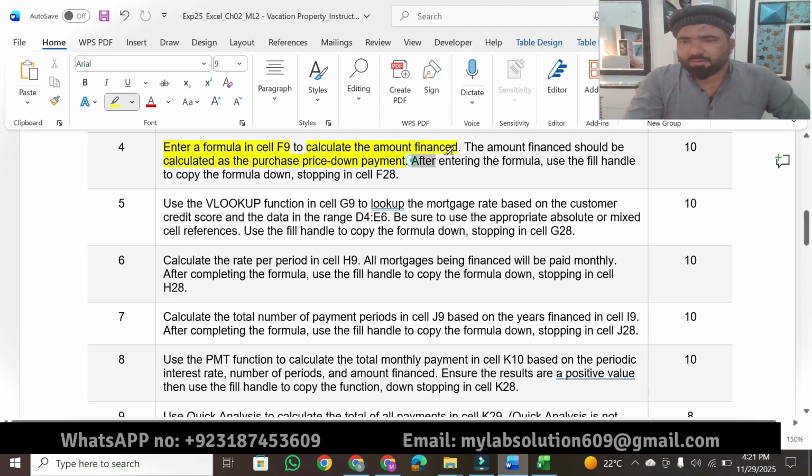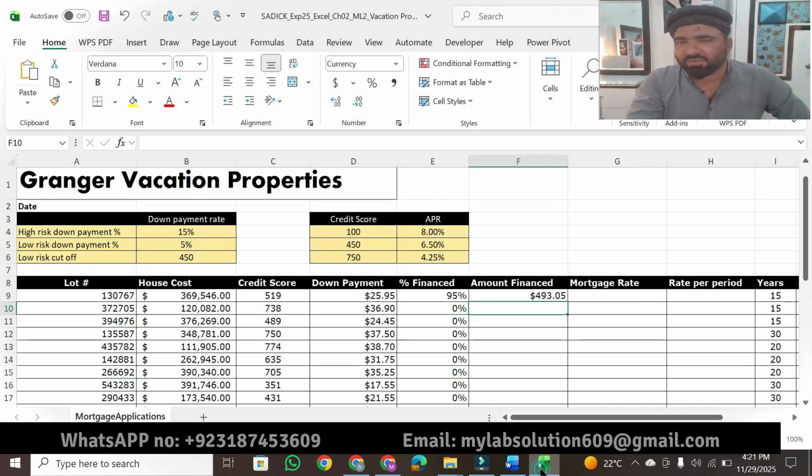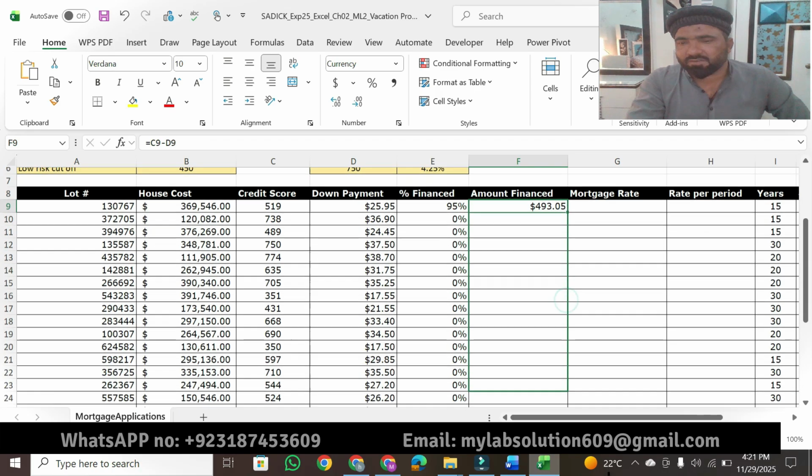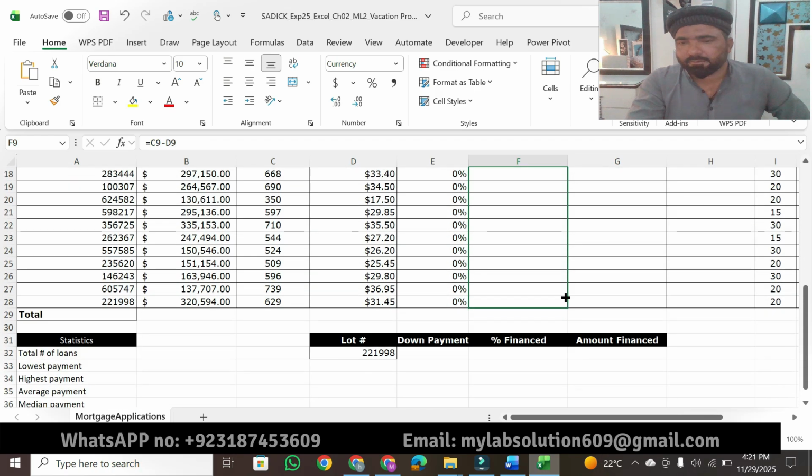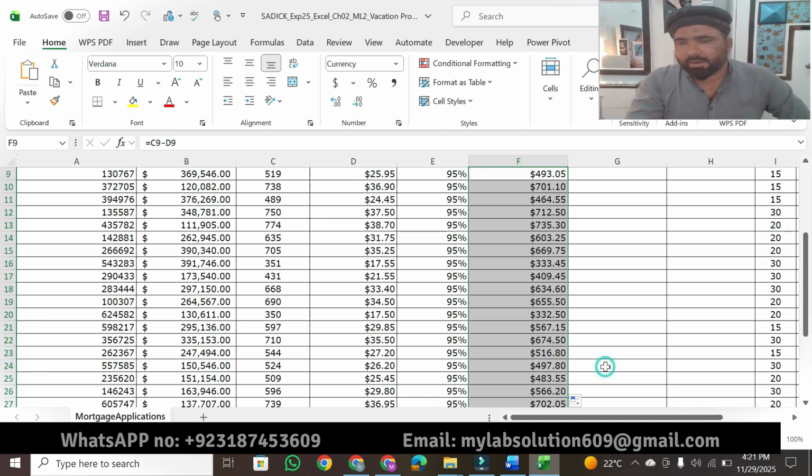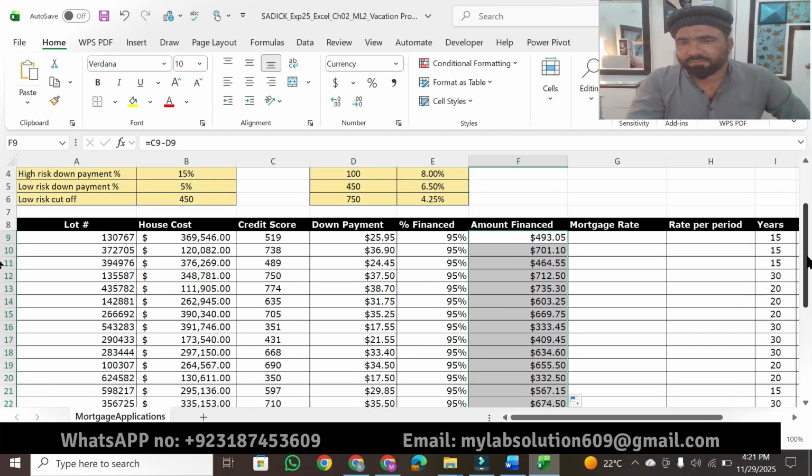After entering the formula, you use the fill handle to copy the formula down to F28. Now we have to fill that formula down there. Okay, then fill handle. Yes.